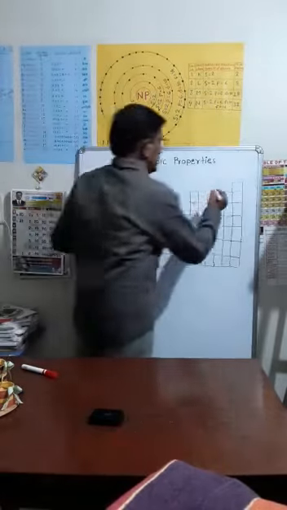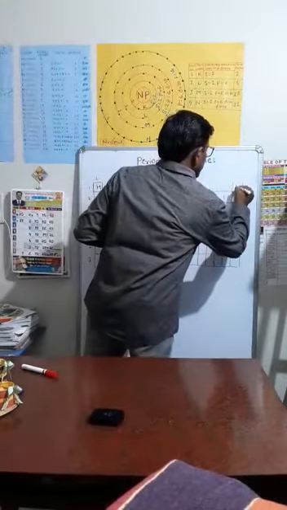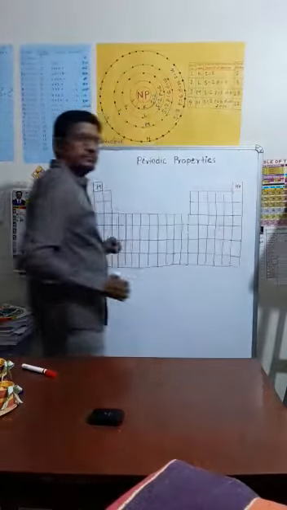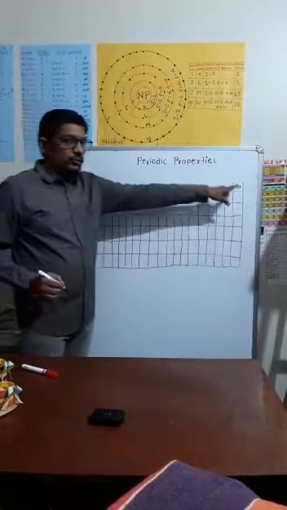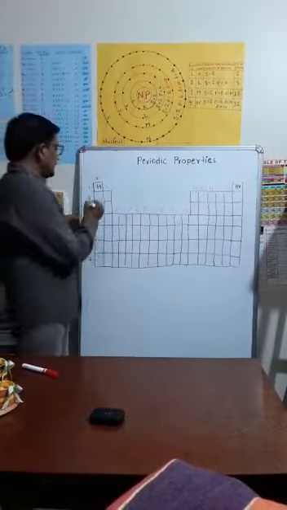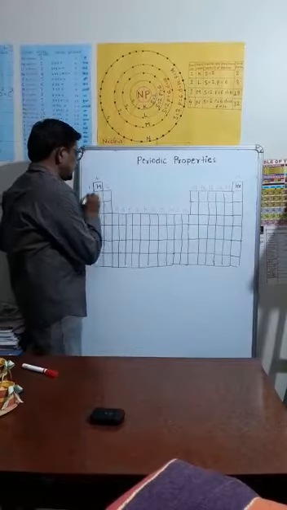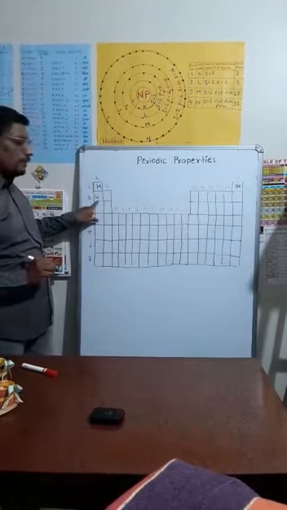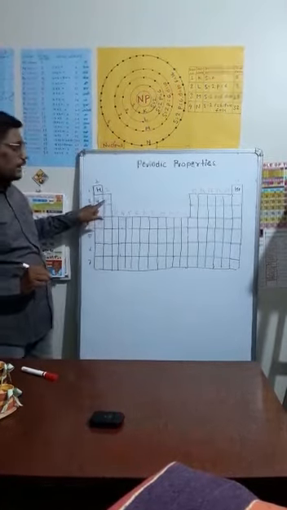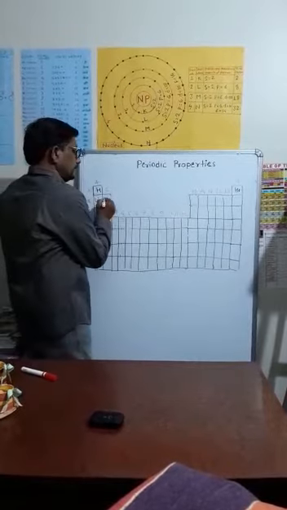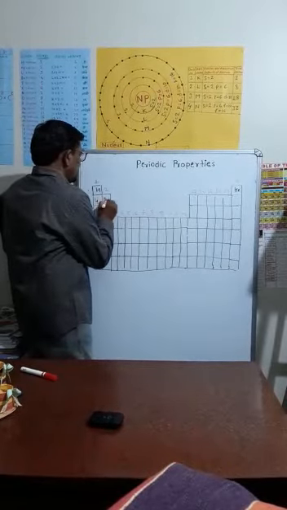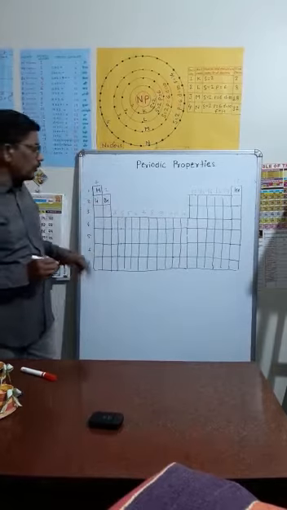Second is helium, having atomic number 2. Then lithium, atomic number 3. Then beryllium, atomic number 4.